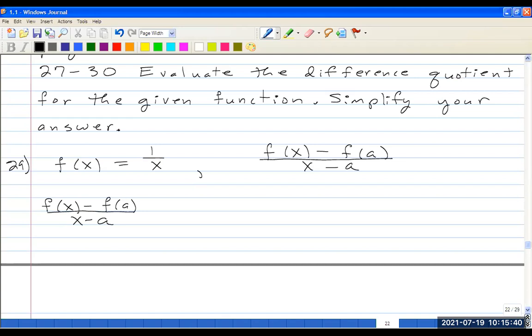So this is equal to f of x, well, f of x is just 1 over x, minus f of a. Well, f of a is 1 over a. Wherever I see an x in this formula for f, I replace x by a. And x minus a is still x minus a. So let me try to simplify this.